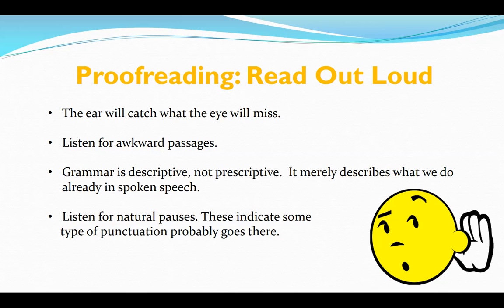Why? Because grammar is descriptive, it's not prescriptive. Spoken language came first, well before written language. So when we had a written language, we tried to indicate on paper what we were doing verbally. They noticed when we got to the end of a complete thought, we stopped, so we put a period there.